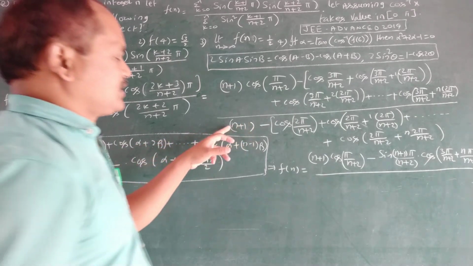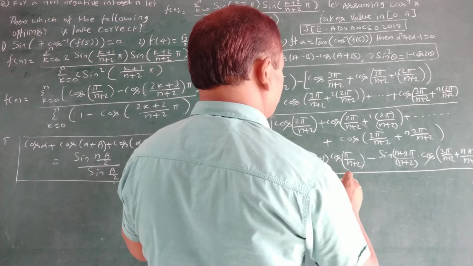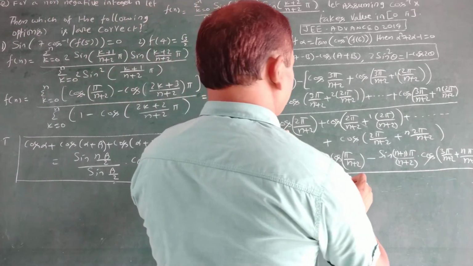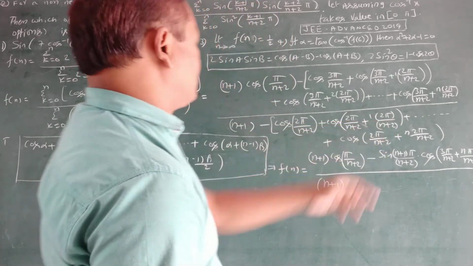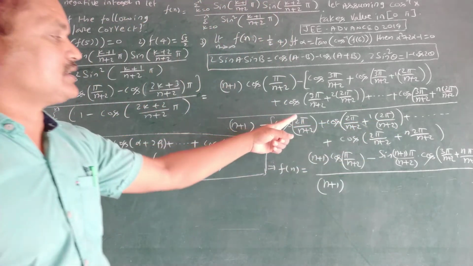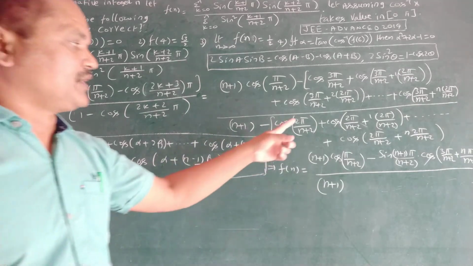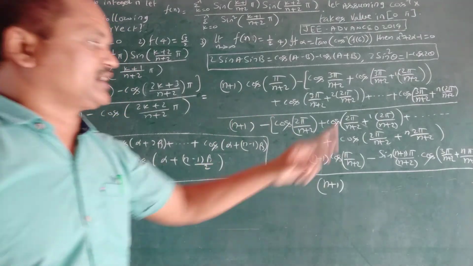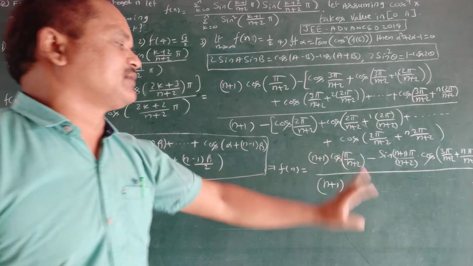Here also the denominator, it is n plus 1, it is cos. That means for this formula, here alpha is 2 pi by n plus 2, beta is also 2 pi by n plus 2, where n is n plus 1.